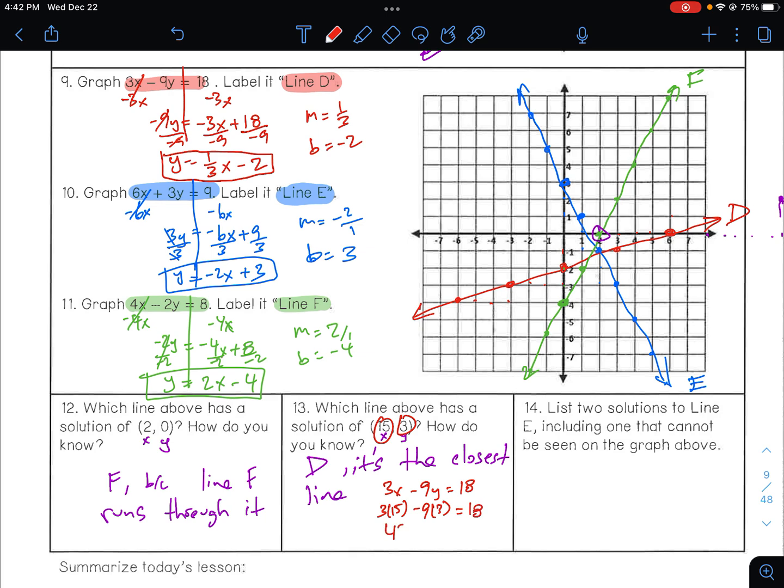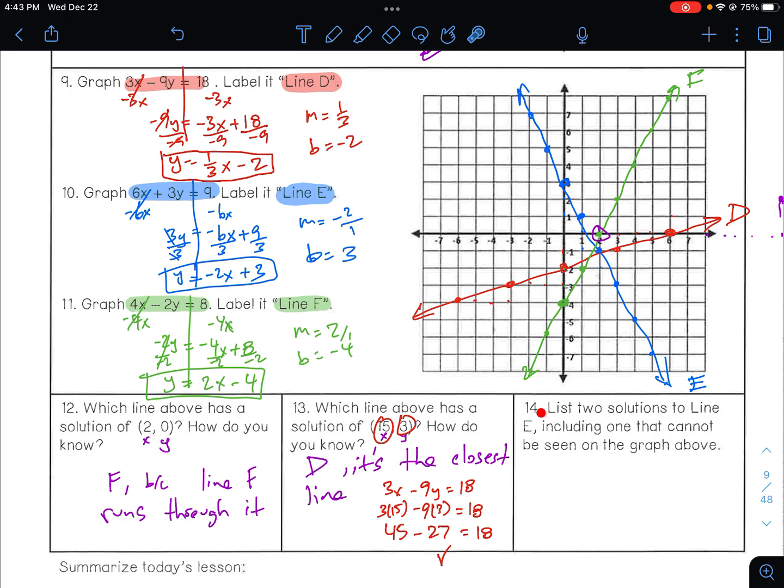What is that? 45 minus 27 equals 18? I have no idea off the top of my head. Let's go ahead and use the calculator. 45 minus 27. Yes, it does. So that's another way you can check, is just substitute the numbers into each equation and see if it makes a true statement.